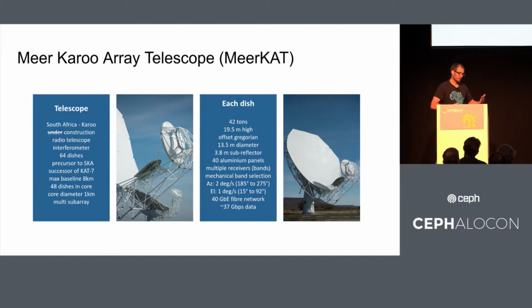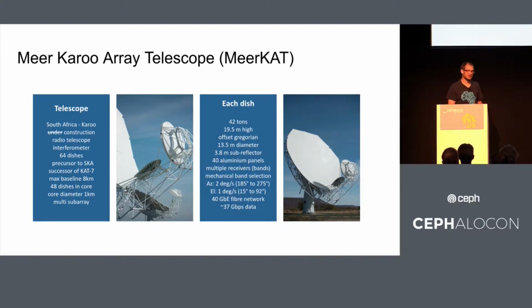SKA has different phases, but the dream is to have about 3,000 of these, or slightly bigger, dishes in Africa. It'll stretch quite high up in Africa. So it's quite a challenging project. And so it was decided from a South African point of view that we would try to build some smaller telescopes and work our way up to this 64-dish telescope.